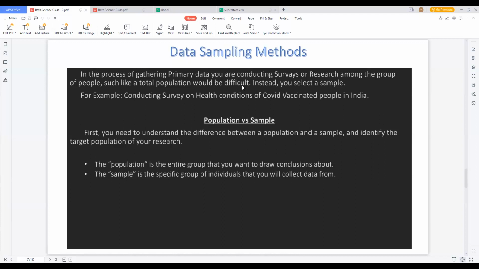You ask them: what is your age, have you had a heart attack before, and what diseases do you already have? So you gather some information from each and everyone. There are multiple ways: you can send emails, send Google Form links, or directly ask the persons and interact with them personally.